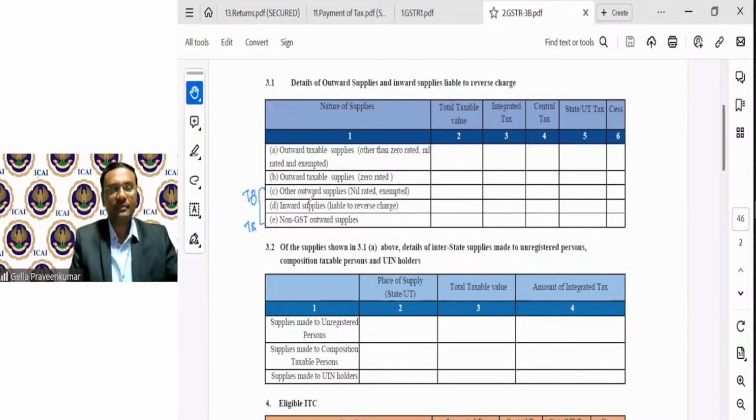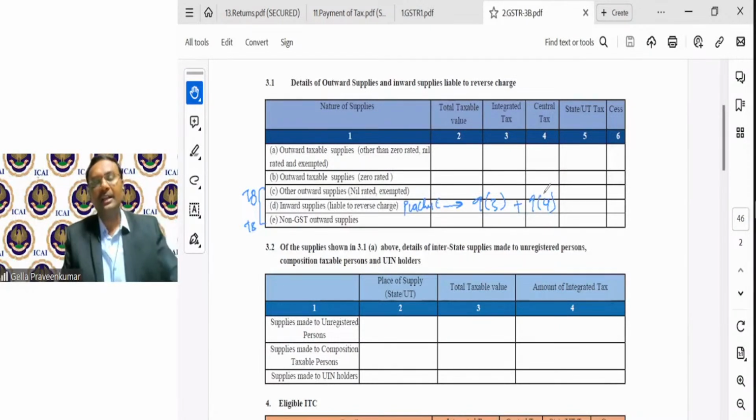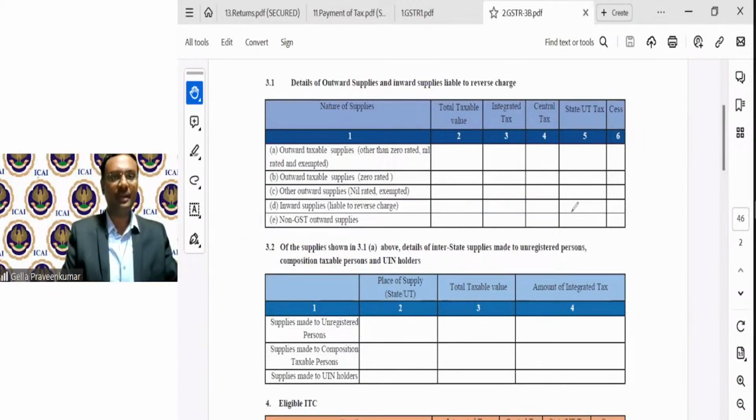Table D, my purchases on which provisions of section 9(3) and 9(4) apply, notified goods and services, your promoter or builder where real estate transactions come into picture, I would be reporting for inward supply on which tax needs to be paid.